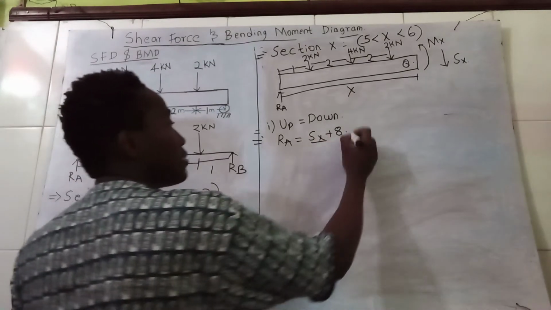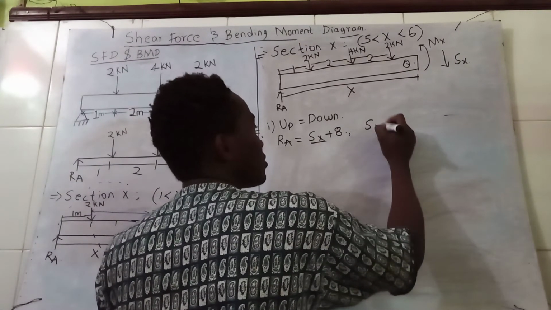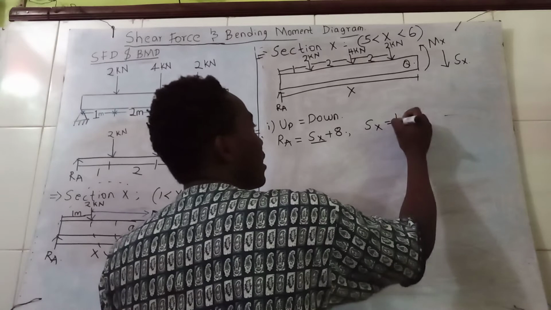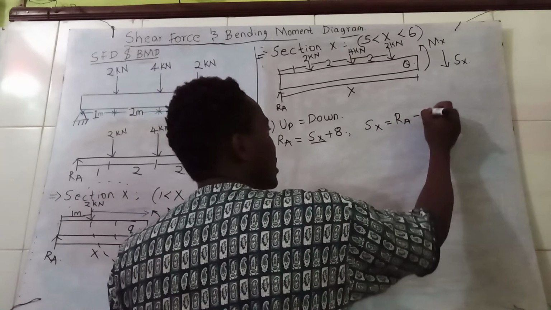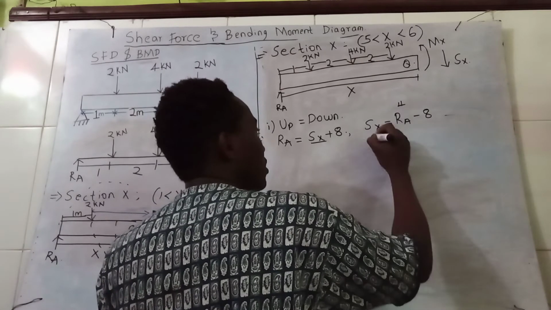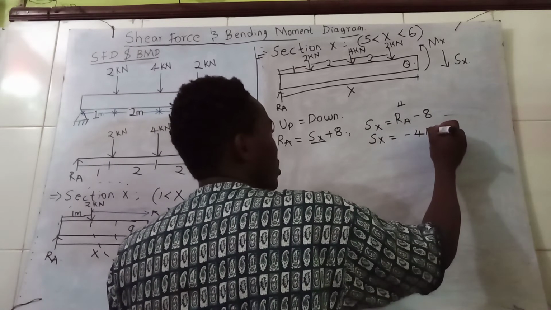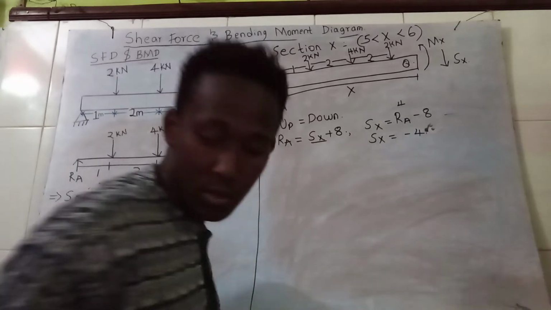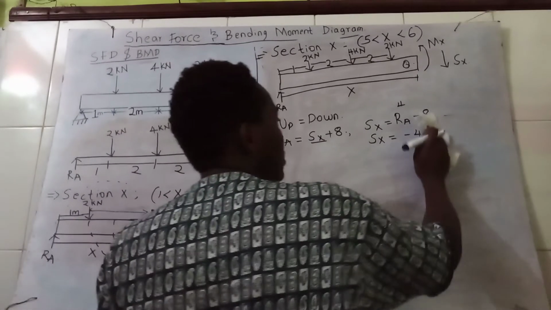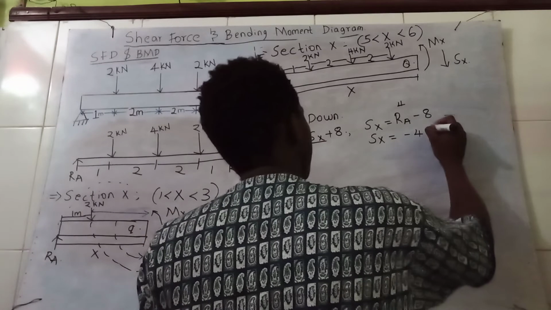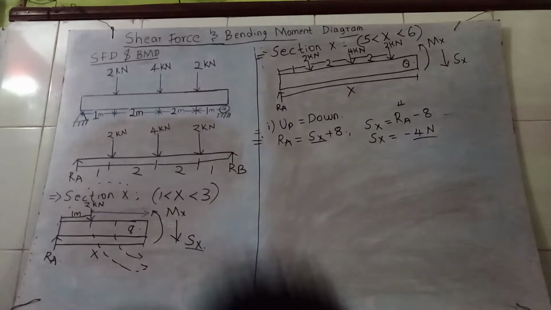Make Sx the subject. So Sx is given by RA minus 8. RA is 4, so Sx is equal to negative 4 kilonewtons. Sorry, this is a shear force. Negative 4 kilonewtons.